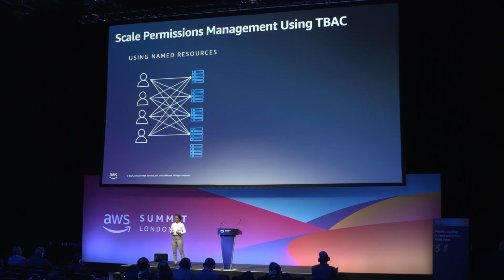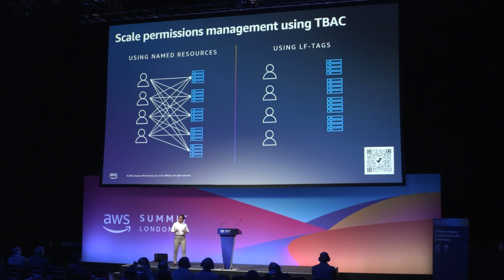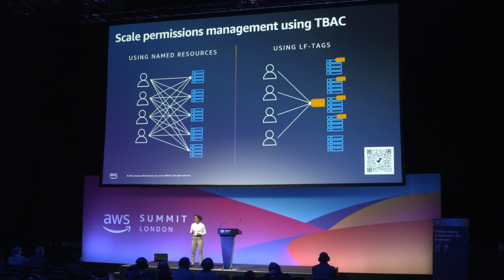If you have a 5th resource, you have to add another 4, so in total 20. With tag-based access control, you create the tag and then you assign it to both the resources and also the individuals. The permission will be applied automatically. When you have a 5th resource, you just need to assign the existing tag.